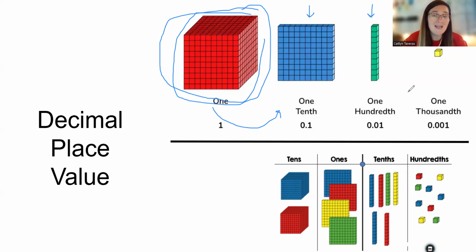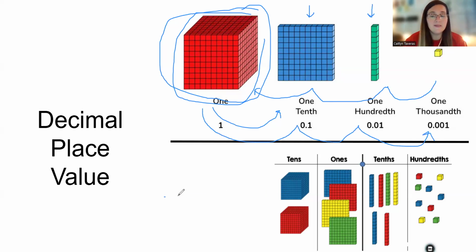Now, as I said, it could really start in any place, but the students need to understand how, as we move along with base 10 blocks, the size of the base 10 blocks goes 10 times greater as we move to the left, or we divide by 10 each time as we move to the right.